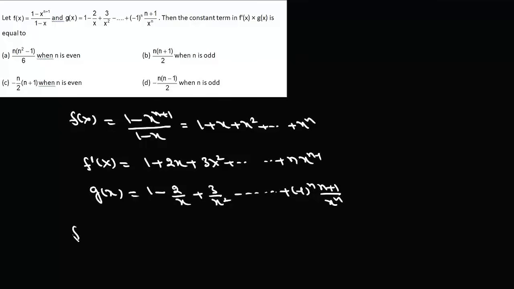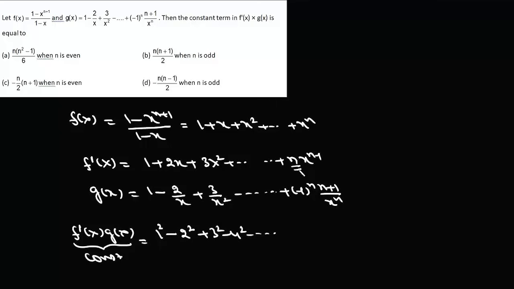Now if we multiply f dash x and gx, and if we look at just their constant term, we'll get this constant term when 1 gets multiplied to this one. So it will be this 1, minus then 2x multiplied by minus 2 upon x, so it will be 2 square. So it will be 1 square minus 2 square plus 3 square minus 4 square, and then we do not have x to the power n here.